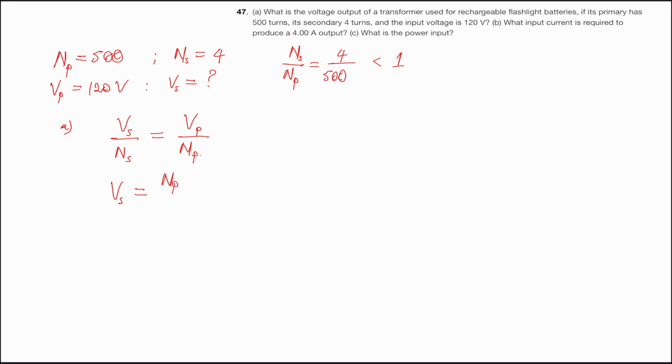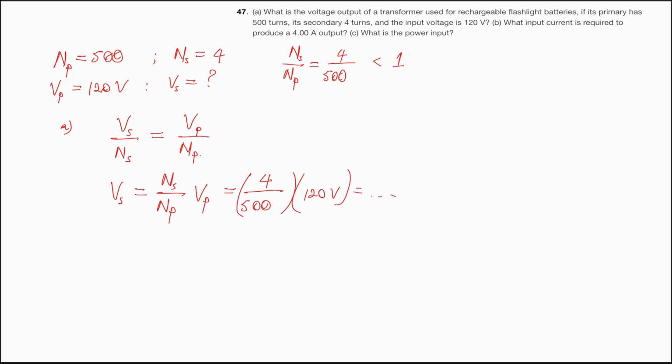We end up with N S, the number of turns in the secondary, divided by the number of turns in the primary, multiplied by the voltage on the primary. This is going to be 4 because that's the number of turns on the secondary, divided by 500, the number of turns on the primary, multiplied by the input, which is 120 volts.